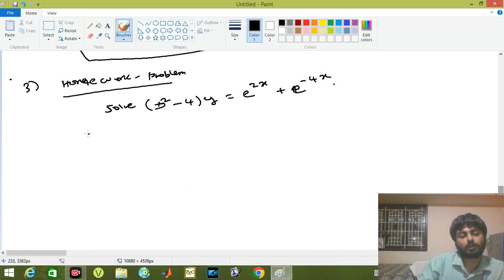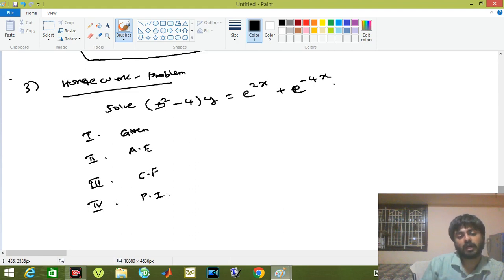Here you have to first write given. Second, you have to write the auxiliary equation. Third, you have to find the complementary function. Fourth, you have to find the particular integral one, for this term, and also a particular integral for this term.